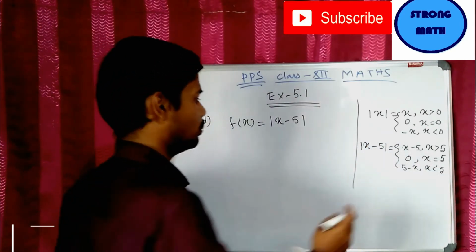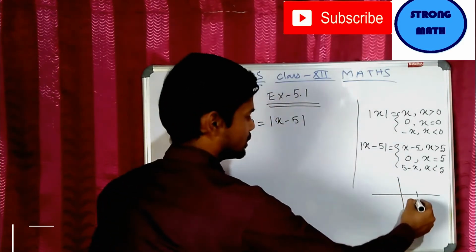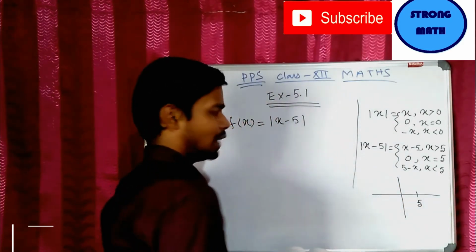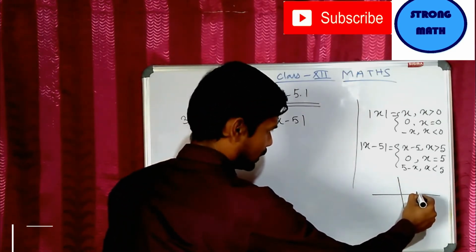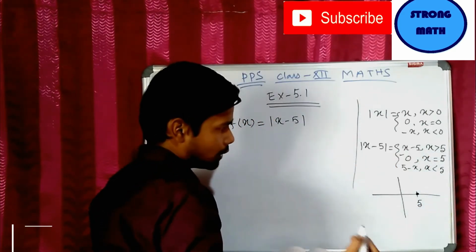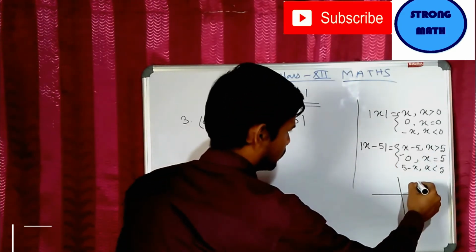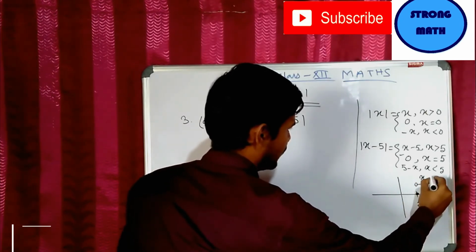Okay, simply if we consider this is the point 5, then at the point 5 the function is 0. If x is greater than 5, then the value is x minus 5.